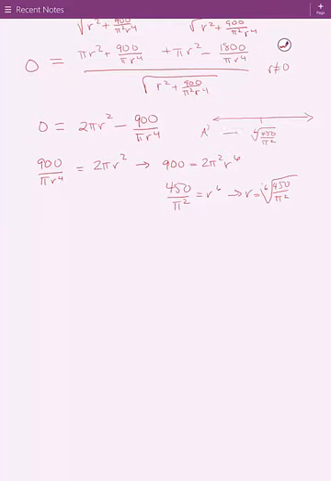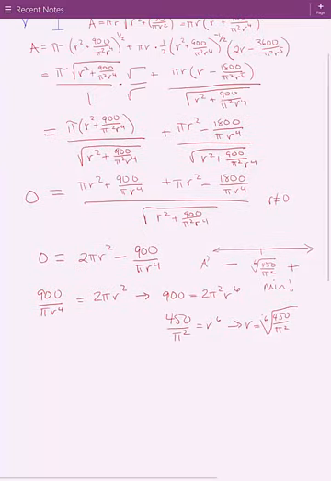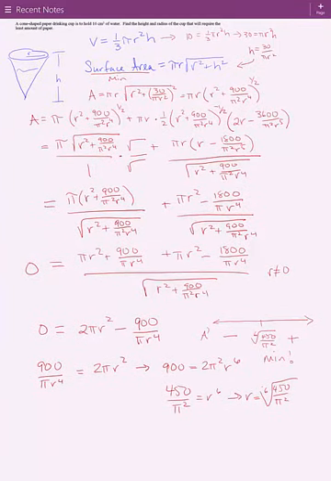Then pick something bigger, like 10,000 will work. It doesn't matter. Plug it into this derivative as the r, and we'll see that it's positive. That change from minus to plus tells me it's a minimum. So now we know the value that's the minimum for the surface area. To get the height, we go back up here and plug into this expression to get the h that goes with it.